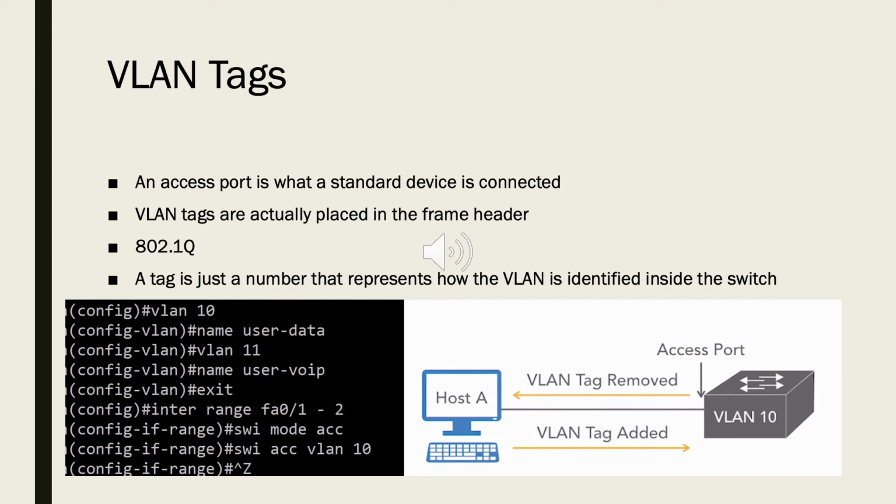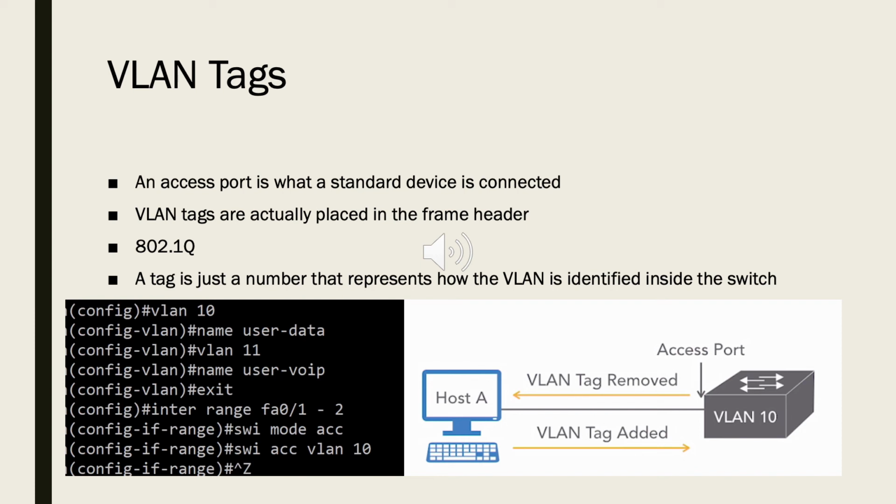VLAN tags are actually placed in the frame header using various different standards, but the one the CCNA focuses on the most, and the one most switches use, is 802.1Q. A tag is just a number that represents how the VLAN is identified inside the switch.